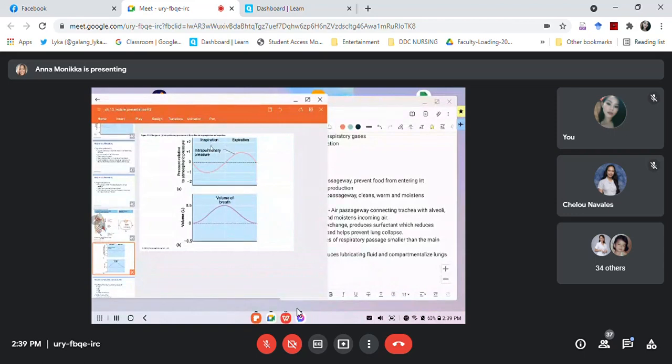During inspiration, the atmospheric pressure is 1 to 0, while in expiration, it's going to be 0 to +1 pressure.